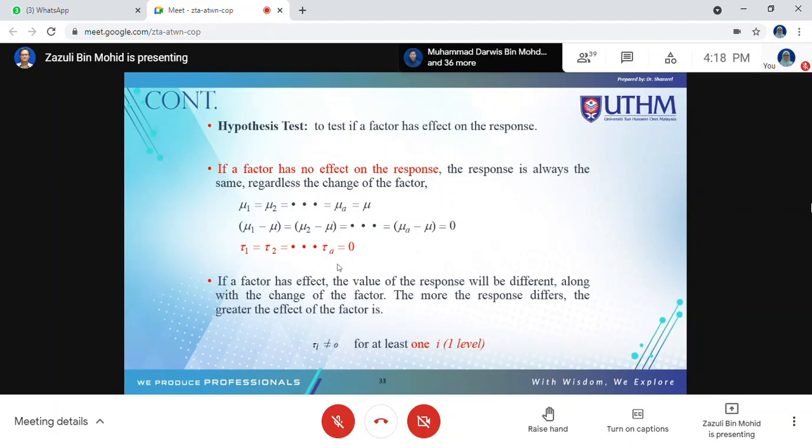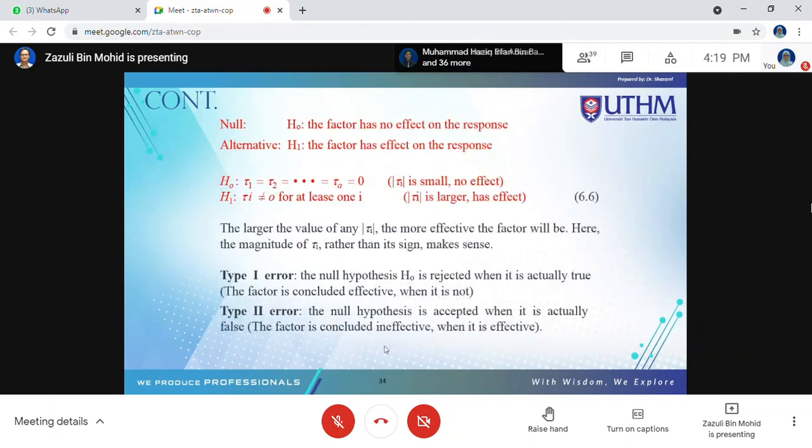Okay, if the factor has effect, the tau will be non-zero, not equal to 0, and it will be near to 1 as the effect is getting larger or more significant. So the value of tau will be near to 1.